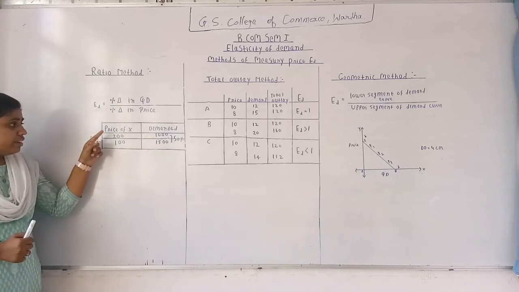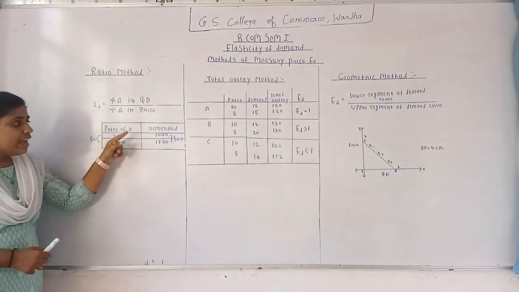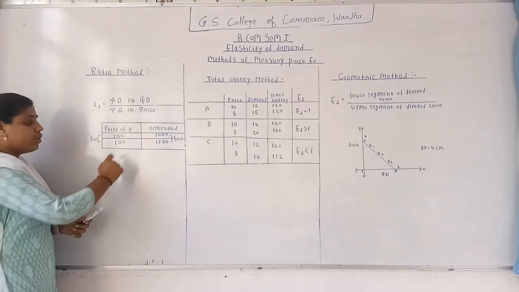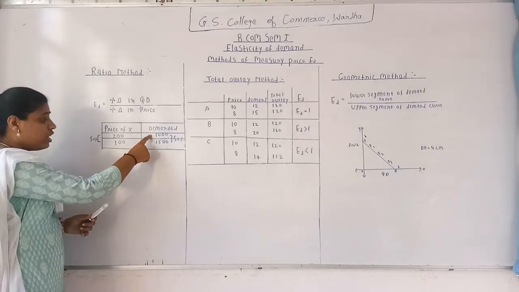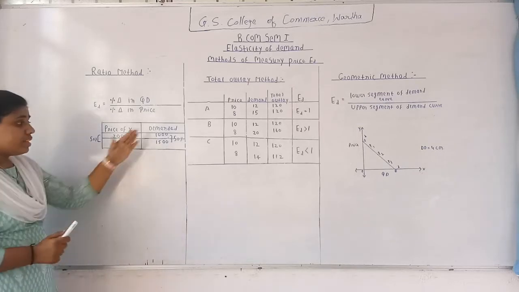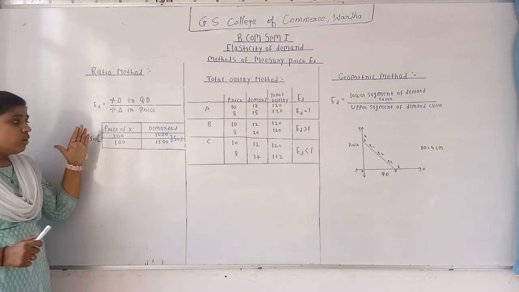Here the price of commodity X and the quantity demanded of commodity X are given. The original price is 200 and the quantity demanded at the original price of 200 is 1000 units. But now the price is decreasing from 200 to 100.